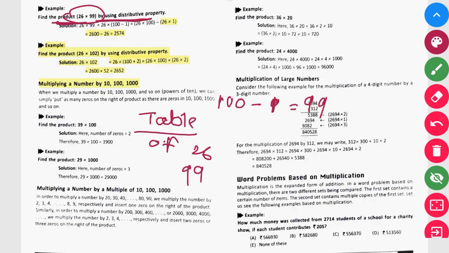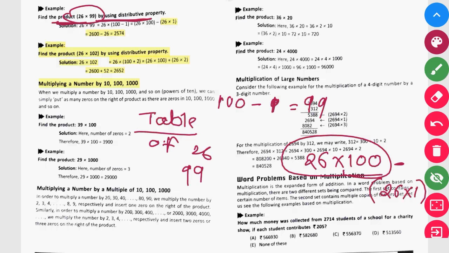So I will multiply 26 by 100, and from that product I subtract 26 multiplied by 1. This is known as the distributive property of multiplication.